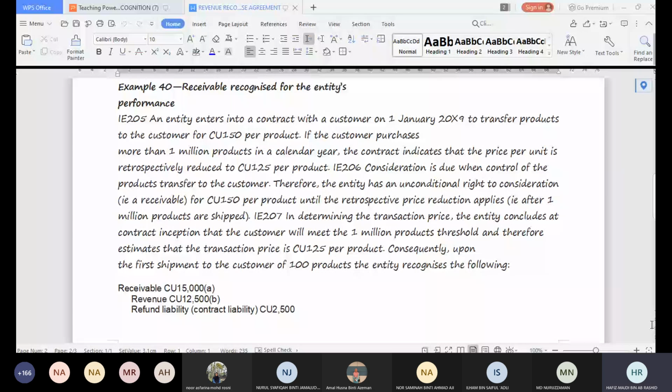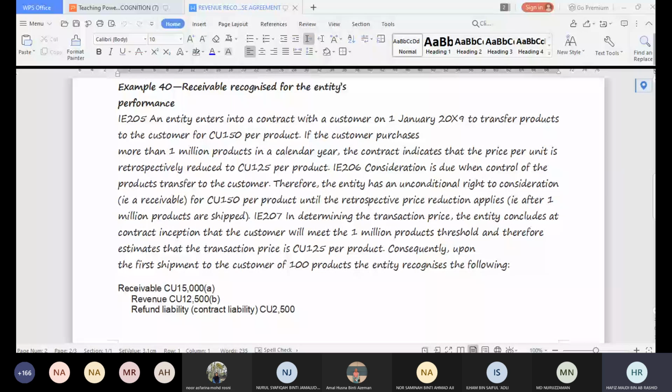The revenue is recognized at 125 because the company assumes the customer will meet the 1 million threshold, and because of that they recognize the difference of 25 ringgit as a refund liability. So this is how you should record.